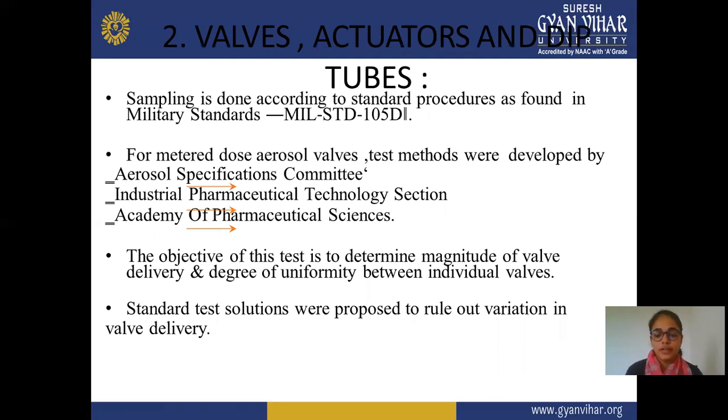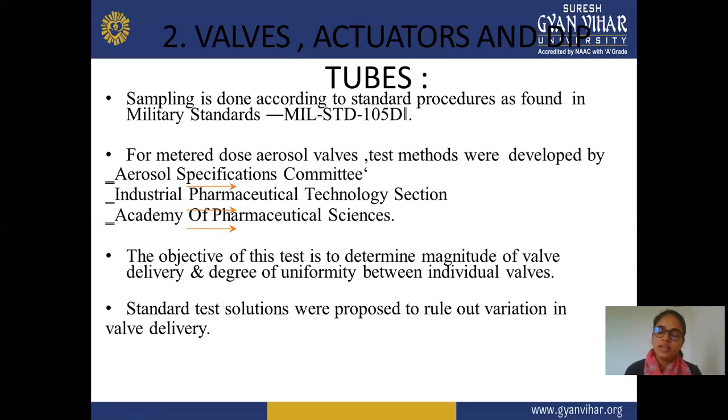Next is the valve, actuator, and dip tube test. In this, we are testing the container parts of the aerosol, to check whether all parts of your aerosol are okay according to our requirements. In the valve, actuator, and dip tube test, first, sampling is done according to a standard procedure as found in the military standard, that is MIL-STD-105D.